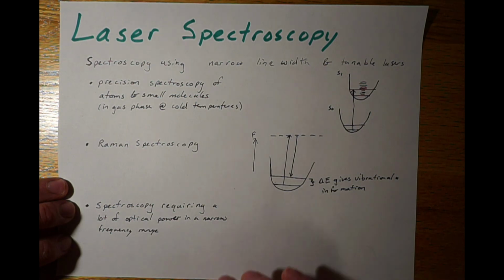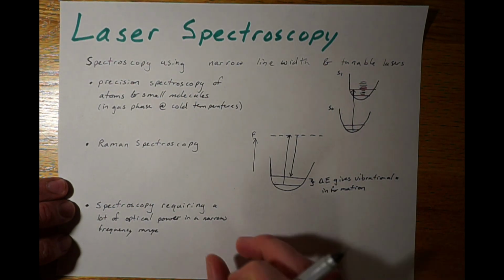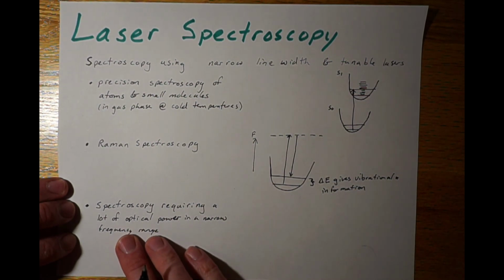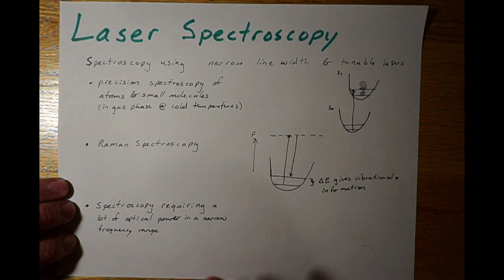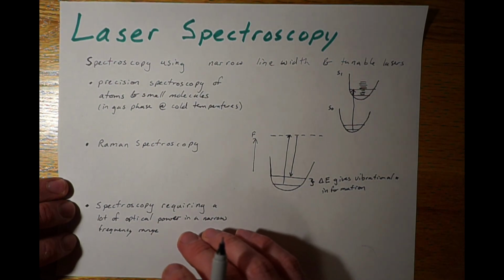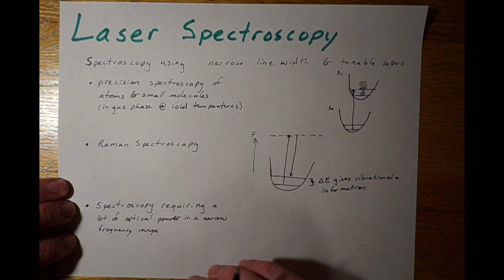And so you can get a lot of photons all in that narrow frequency range. And so there are a lot of spectroscopies that might require a whole lot of photons all at once that are resonant with a particular quantum mechanical transition.